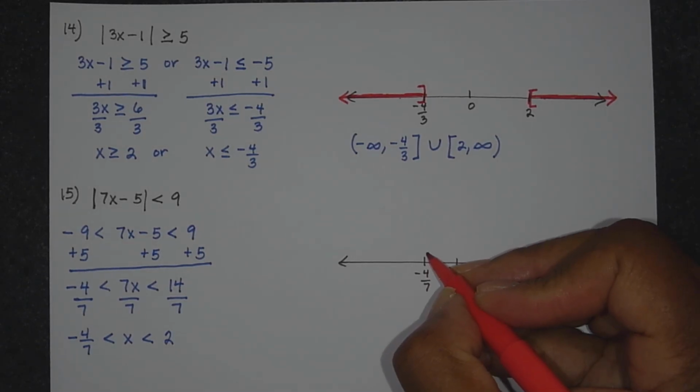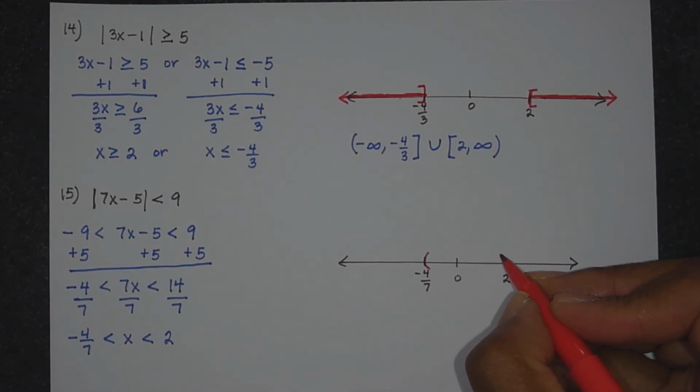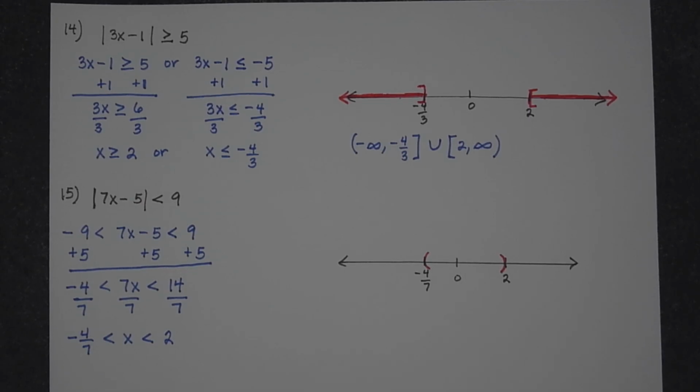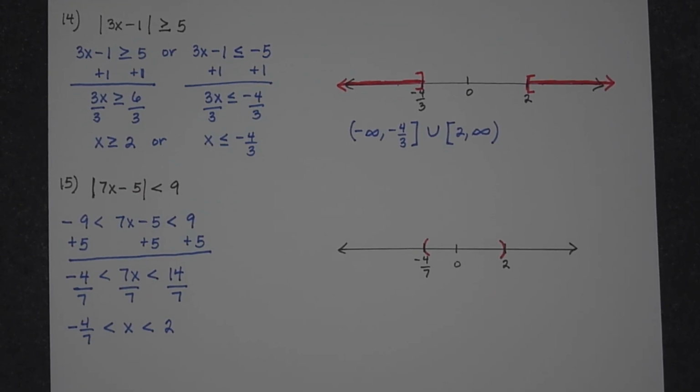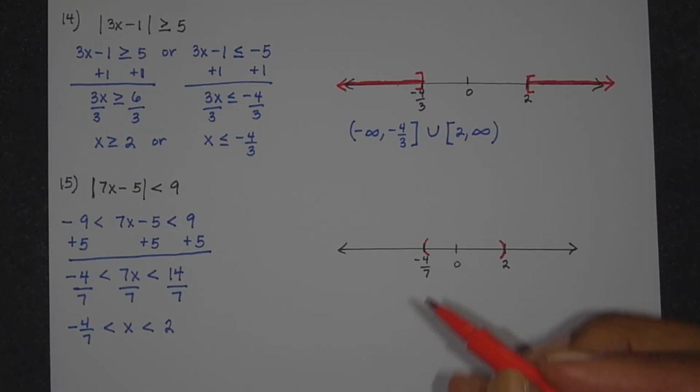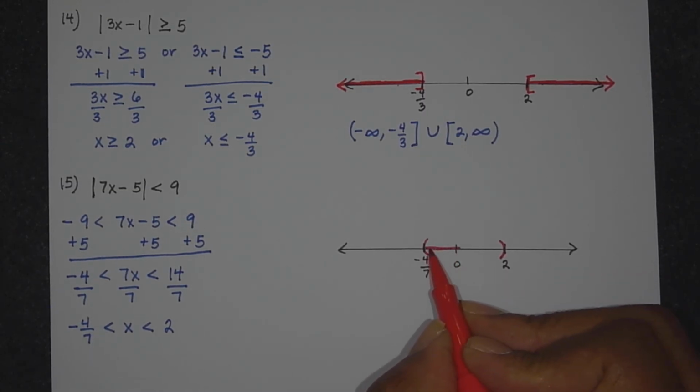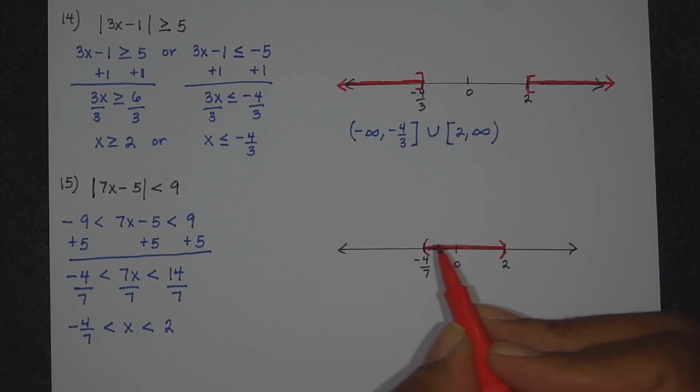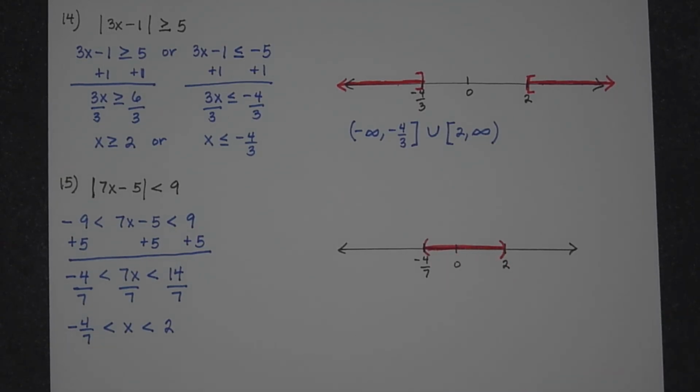So a left parentheses at negative 4/7 and a right parentheses at 2. And to indicate that all the x values are in between negative 4/7 and 2, we just shade in between, like this. So that would be the graph of that solution set.